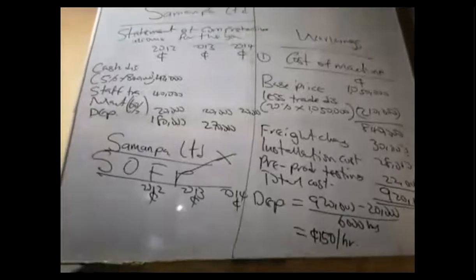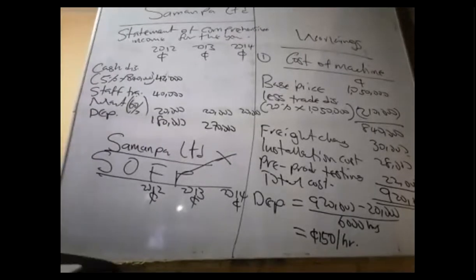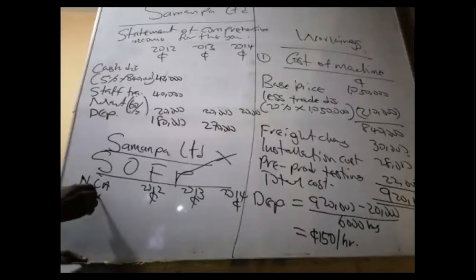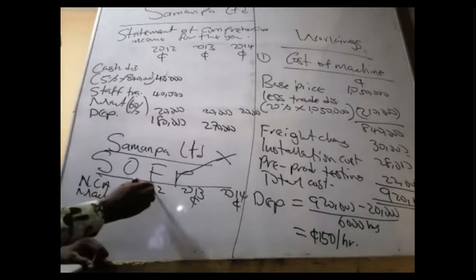So let's go to the balance sheet. I'll go straight forward. The examiner wants non-current assets first. I write the machine, cost of machine. What's the cost of the machine?